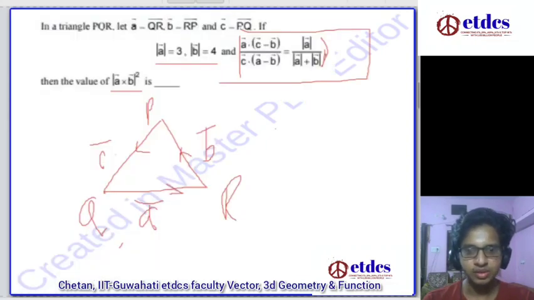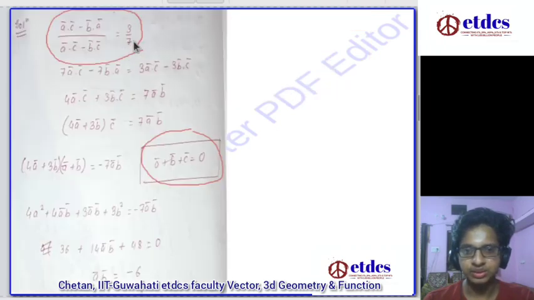Here mod A is 3, and mod A plus mod B, 3 plus 4, is 7. We wrote the equation and simplified it, and basically what we get after taking common is 4a bar plus 3b bar dot c equals 7ab.